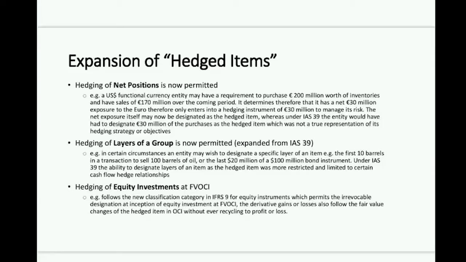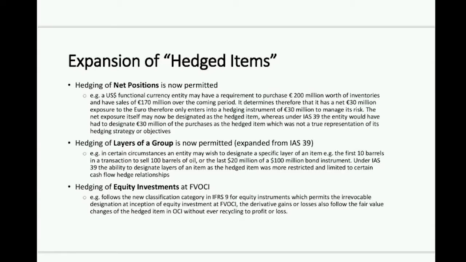So again, to illustrate what we mean by this, for instance, a company has an exposure to 100 barrels of oil in a particular transaction, and it decides that, well, I want to simply hedge the first 10 barrels of that 100 barrel transaction. It is now allowed to do that.